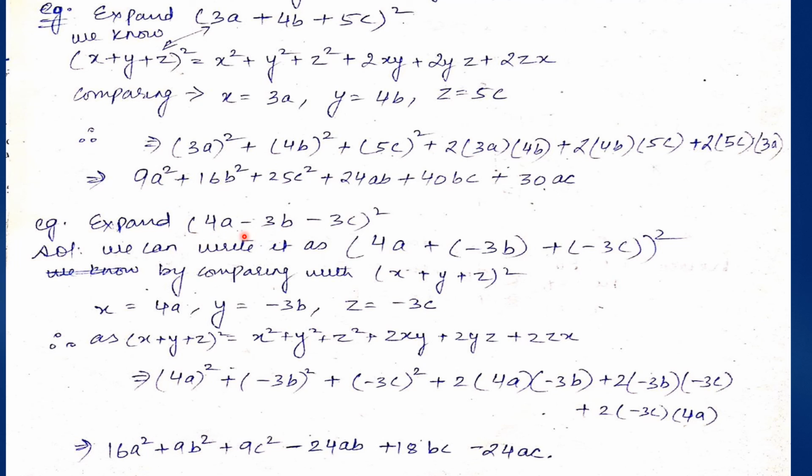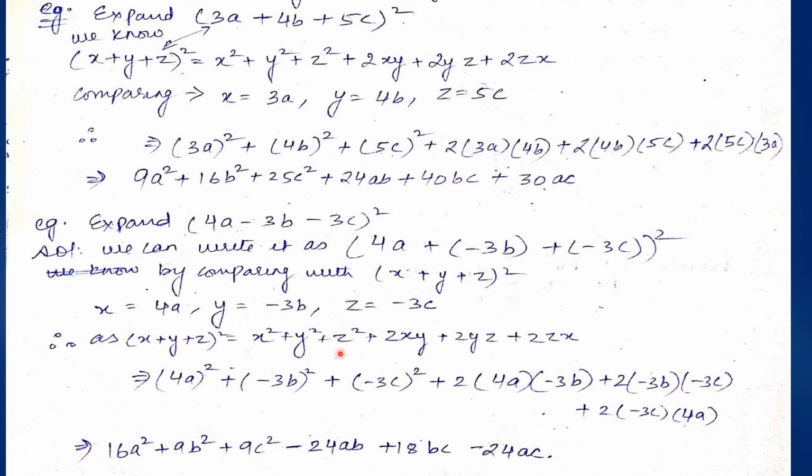So we can write this question as (4a plus (minus 3b) plus (minus 3c)) whole square. Now compare. x is 4a, then plus sign, y is minus 3b, plus sign, z is minus 3c. No issue. So I have written the values like this.